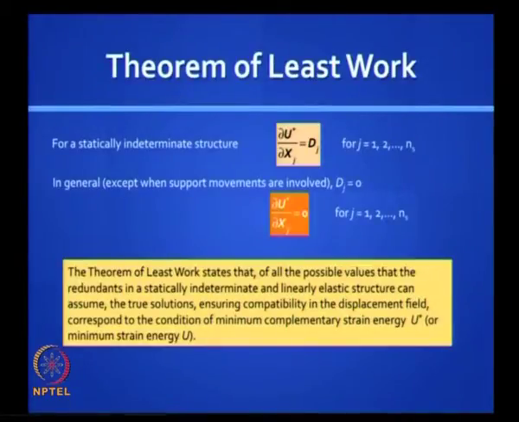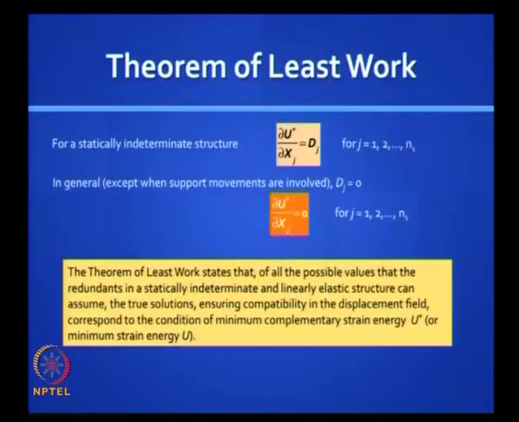We covered the theorem of least work in the previous class, and you are familiar with this. The first equation, ∂U*/∂Xj equal to Dj, is Castigliano's second theorem, and usually Dj will turn out to be 0, okay, and if it is so, then you can interpret this also as a minimization of the complementary strain energy in the structure.